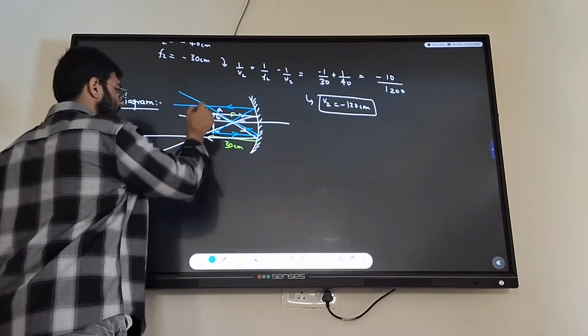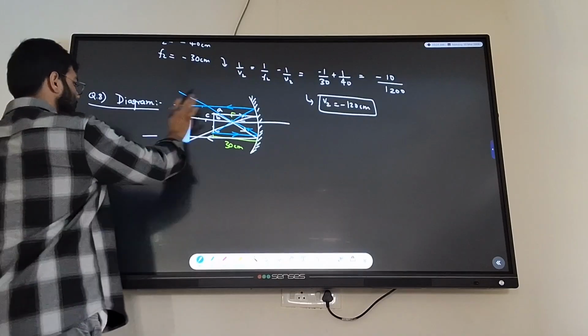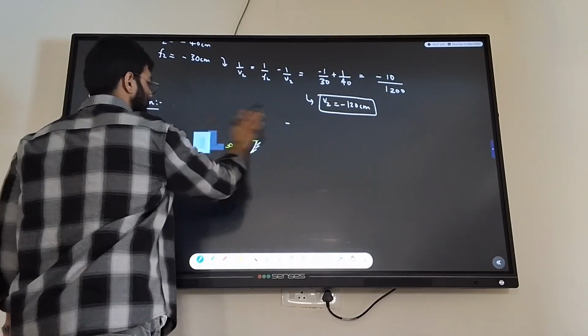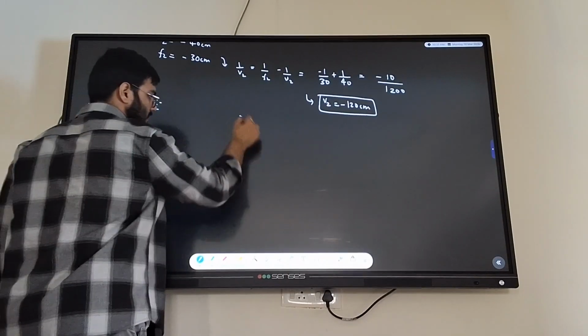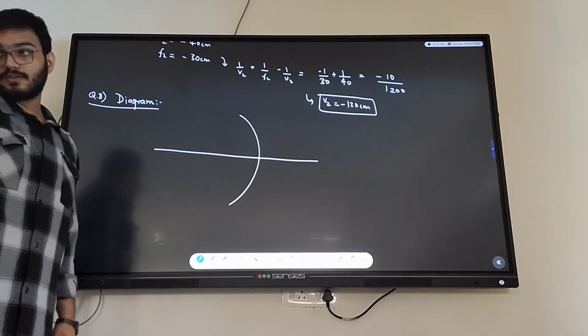Or should I make the ray diagram again? Why is there so much background noise?